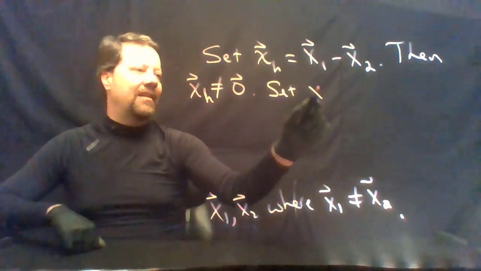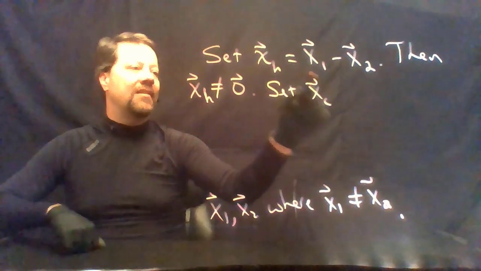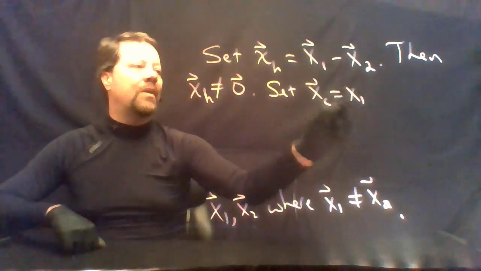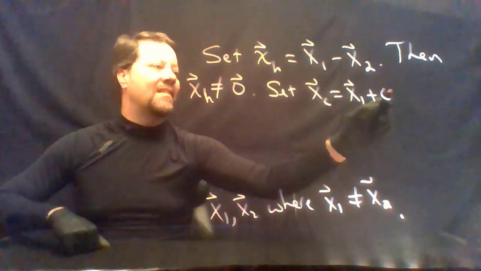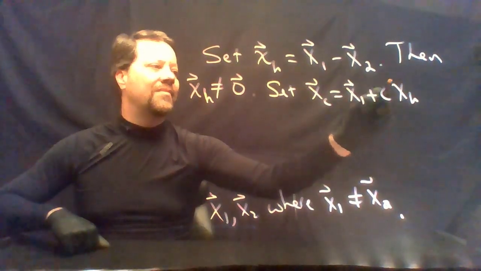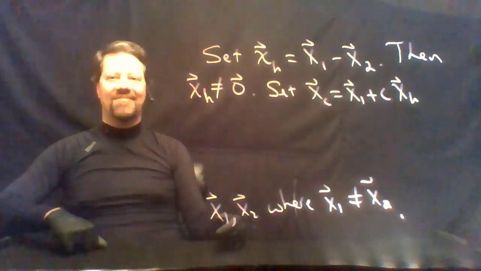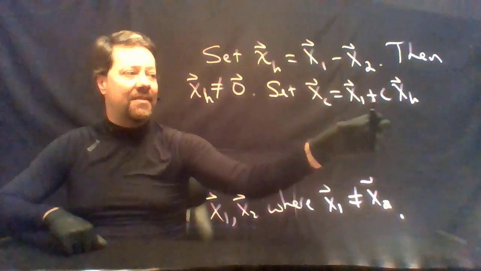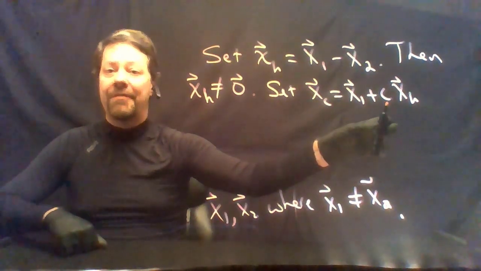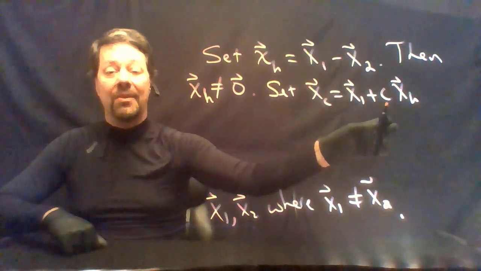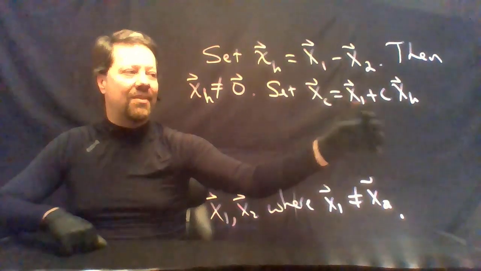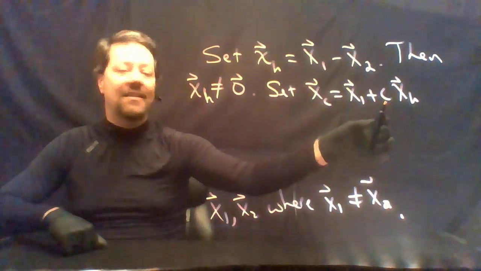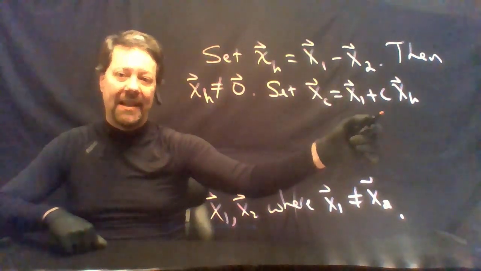Set xc to be x1 plus c times xh. This will give us a one-parameter family, hopefully, of solutions. If these are all distinct, then we will have infinitely many solutions.